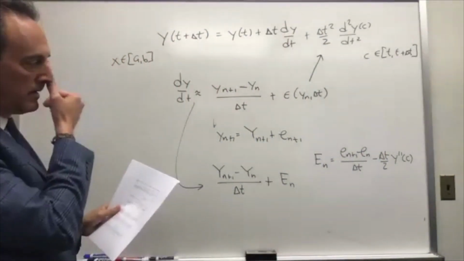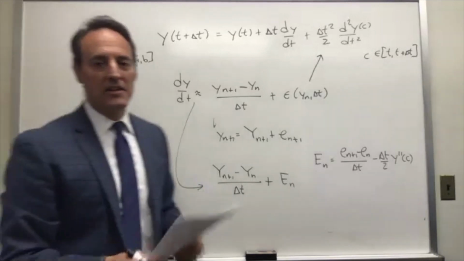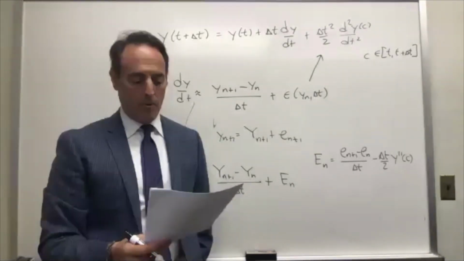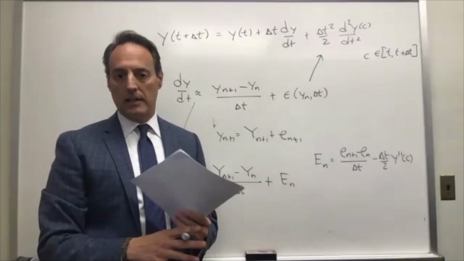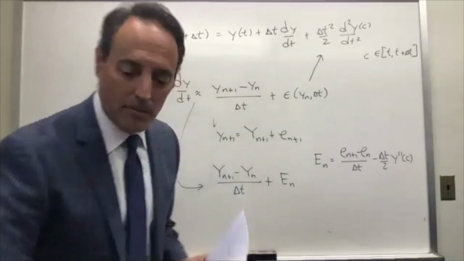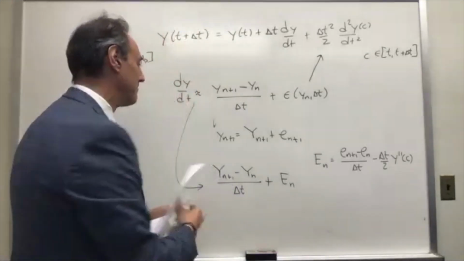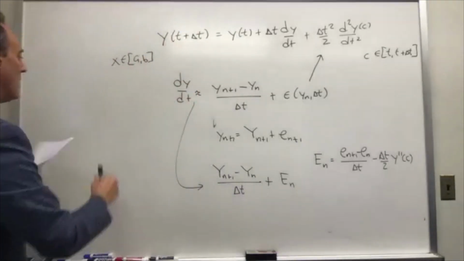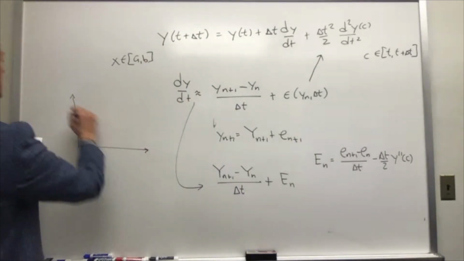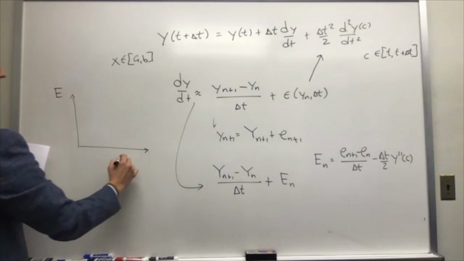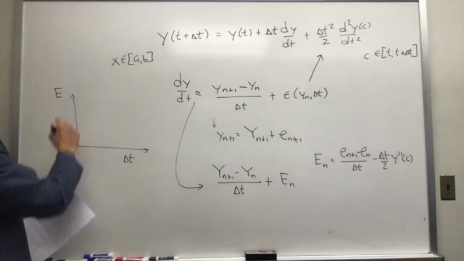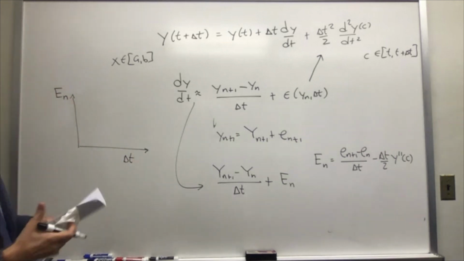Here's something interesting that I wanted to point out immediately, which starts to raise a problem with computing. I want to draw a plot of error versus dt. Let's talk about this error, E of n.